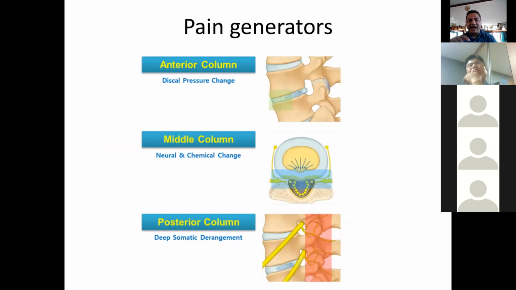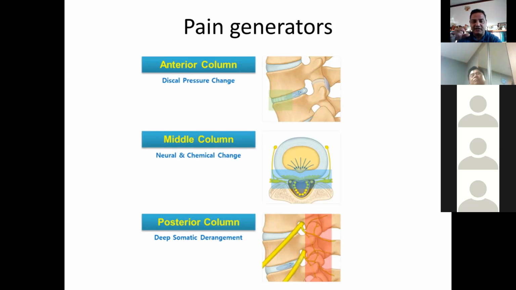In the spine, as in the Denis column concept, pain generators can be divided into three columns: the anterior column, middle column, and posterior column. In the anterior column, the pain arises from discal pressure change, whereas in the middle column, the pain arises either from the neural structures or from chemical changes.